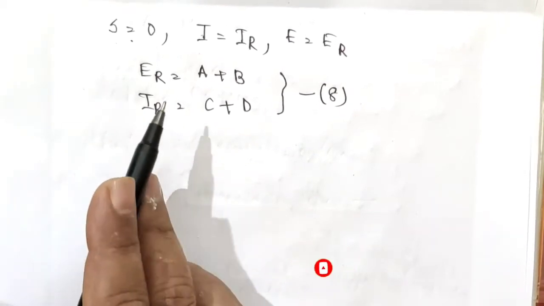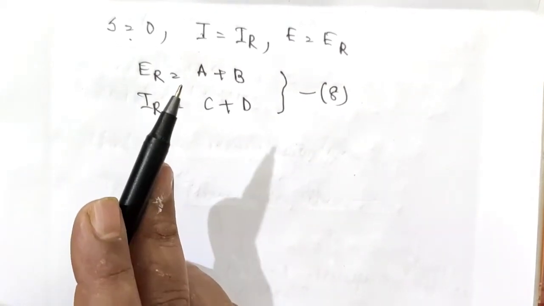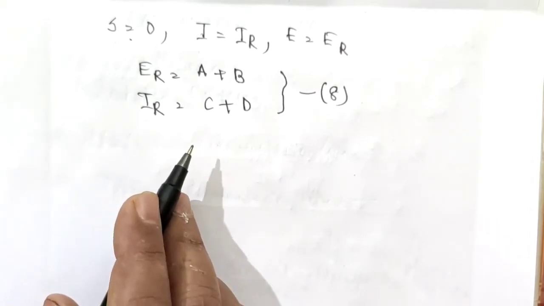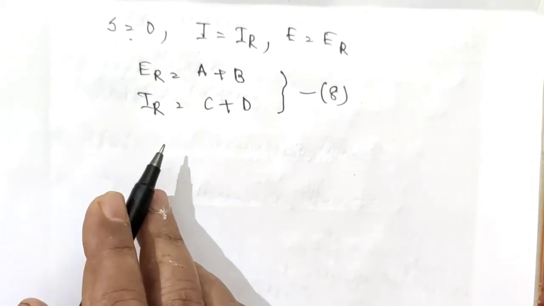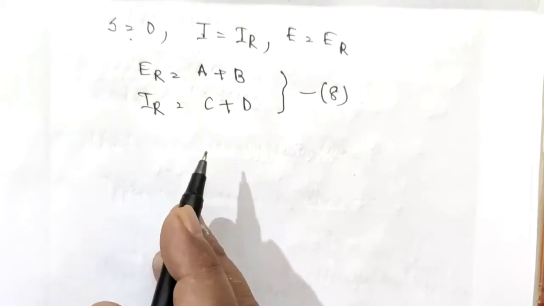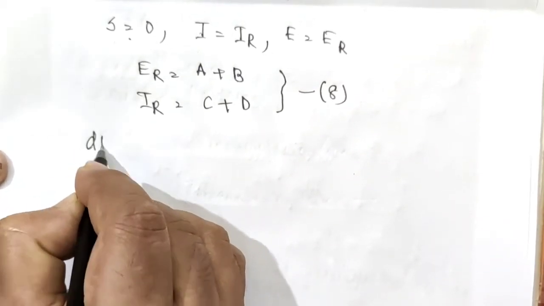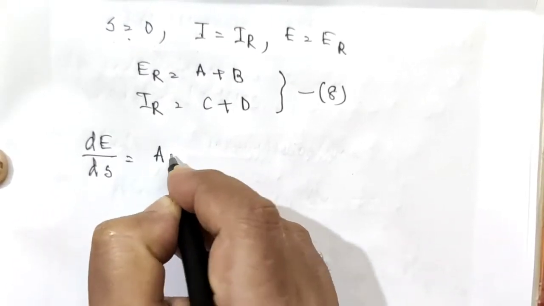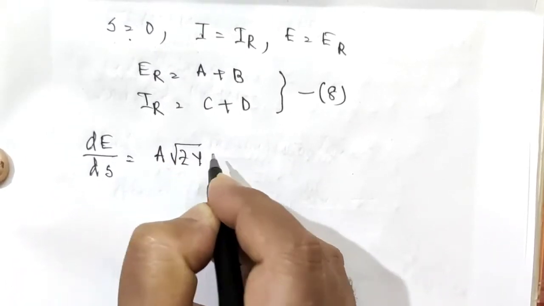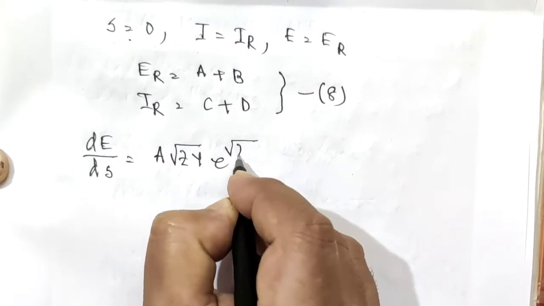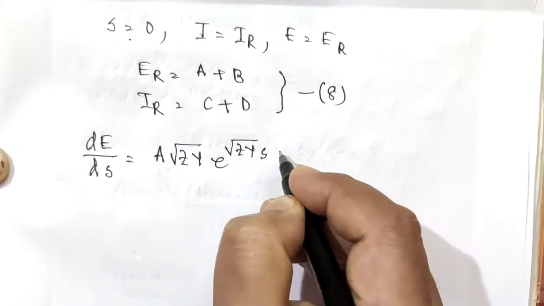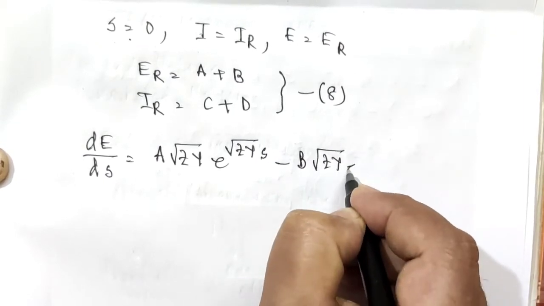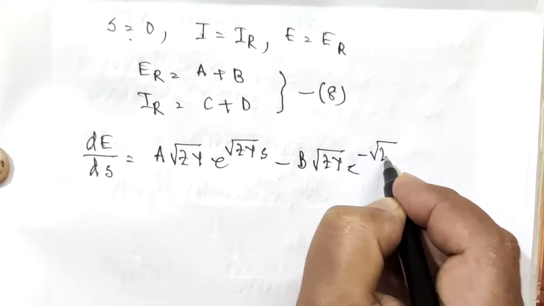So the same set of boundary conditions can be used over again, and we can get a new set of equations by differentiating equations 6 and 7: dE/ds equals A root ZY e to the power root ZY s minus B root ZY e to the power minus root ZY s.